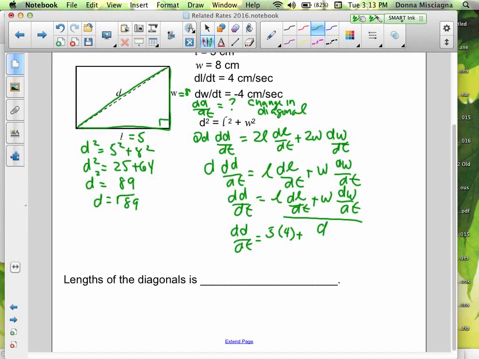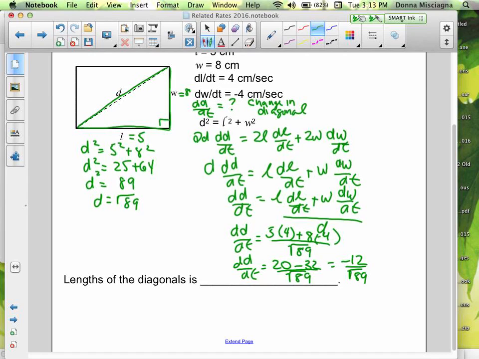Plus W is 8. And dW/dt is negative 4. All divided by the square root of 89. So that's going to be dD/dt is 20 minus 32 all over the square root of 89. So that's going to be negative 12 over the square root of 89.